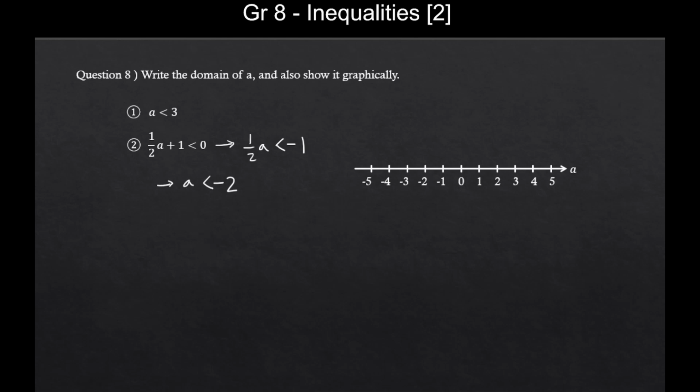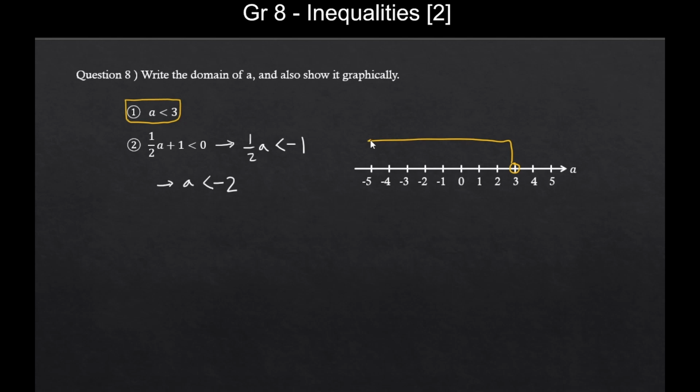Now let's do the graphing. Again, I'm going to use the orange color. A is smaller than 3, so draw an empty circle on 3, then go this way. Actually, I should draw it longer.